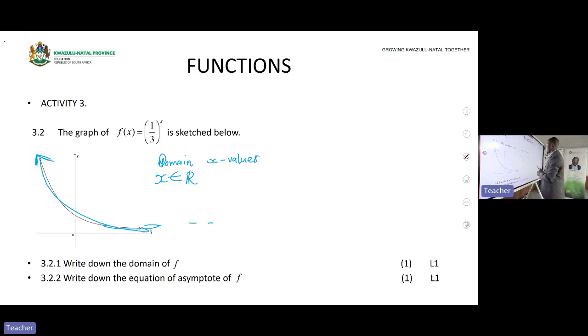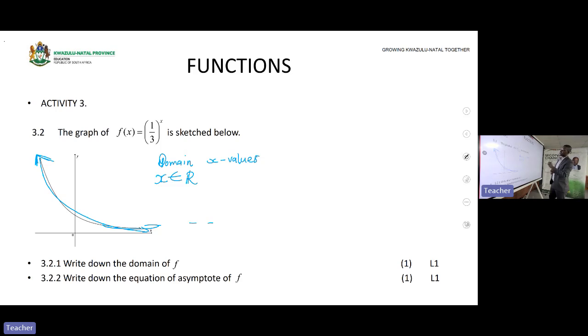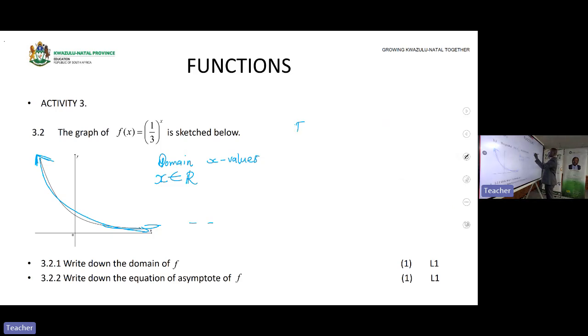Then the next question is asking us to write down the equation of the asymptote of f. We spoke about the asymptote. We said in our exponential graph, the asymptote is represented by the value of q. So our given equation here is f(x) = (1/3)^x.